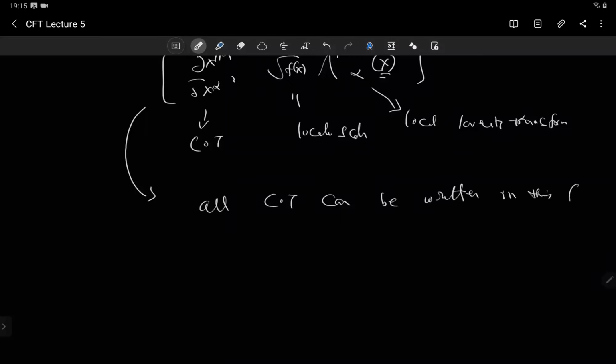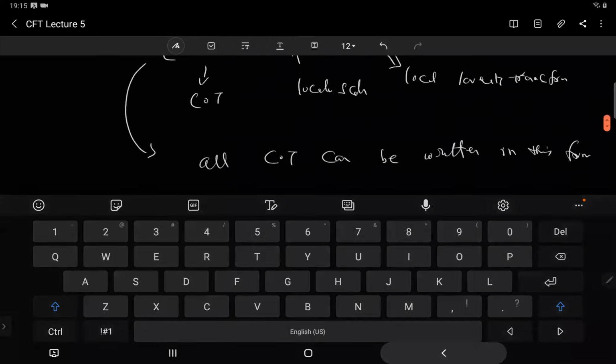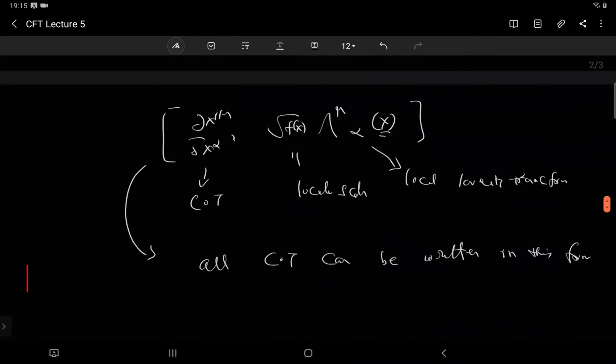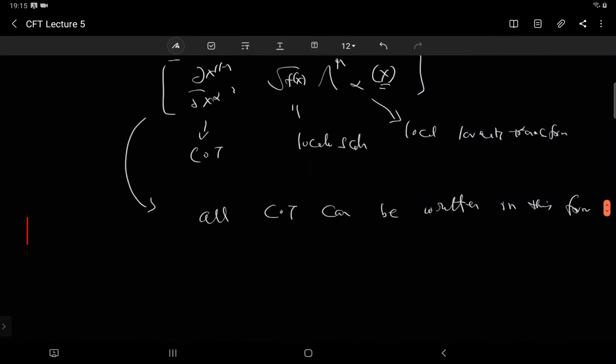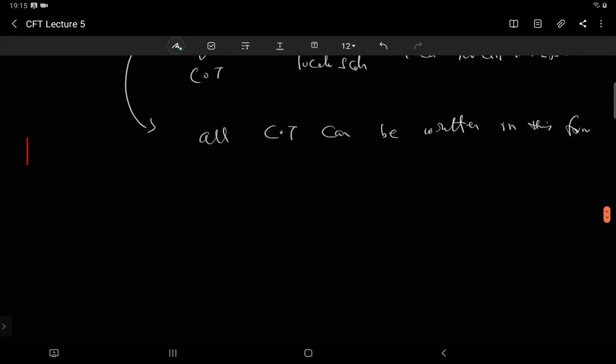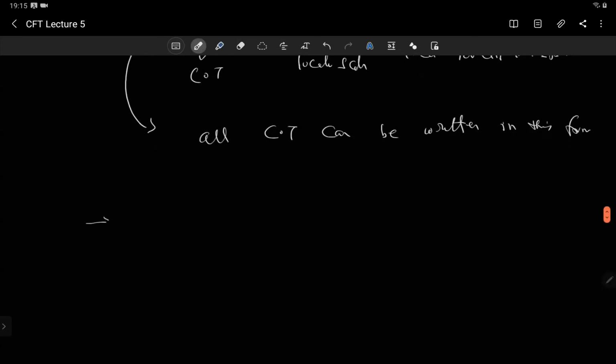And one of the things that I asked you to do is do the same thing for the special conformal transformation. Actually, we had done it in class, I think, and find this root f of x and lambda mu alpha. Okay. Now, so this was for d greater than 2. When we go to d equal to 2, then the things are slightly different.